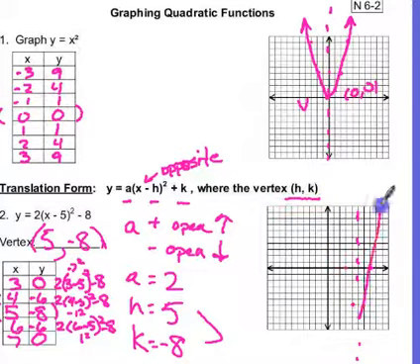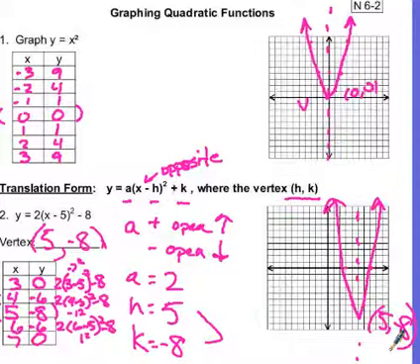So this is going to come up like this. Nice and pretty. Okay? So, again, our vertex is 5, -8, and then we plugged into the chart to find some other points. Once I have the points to the left, I know where those points on the right go because they're going to be a mirror image.